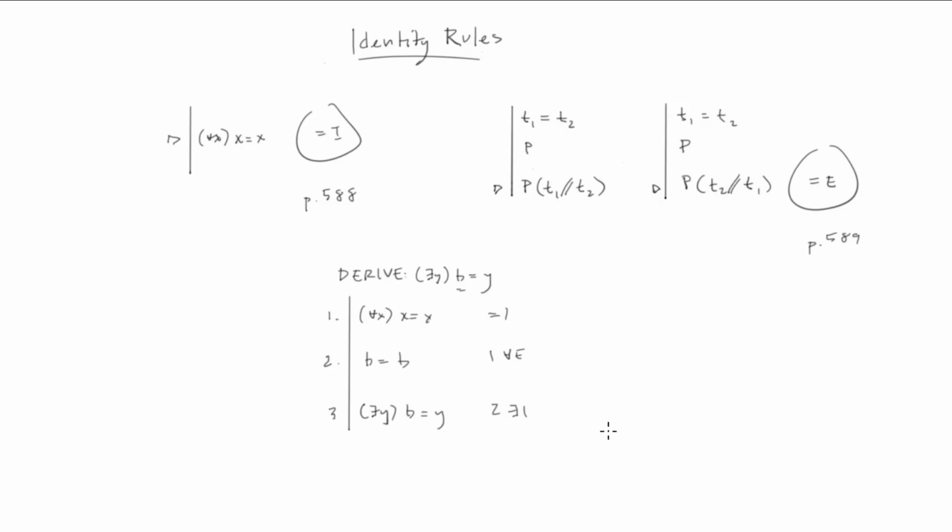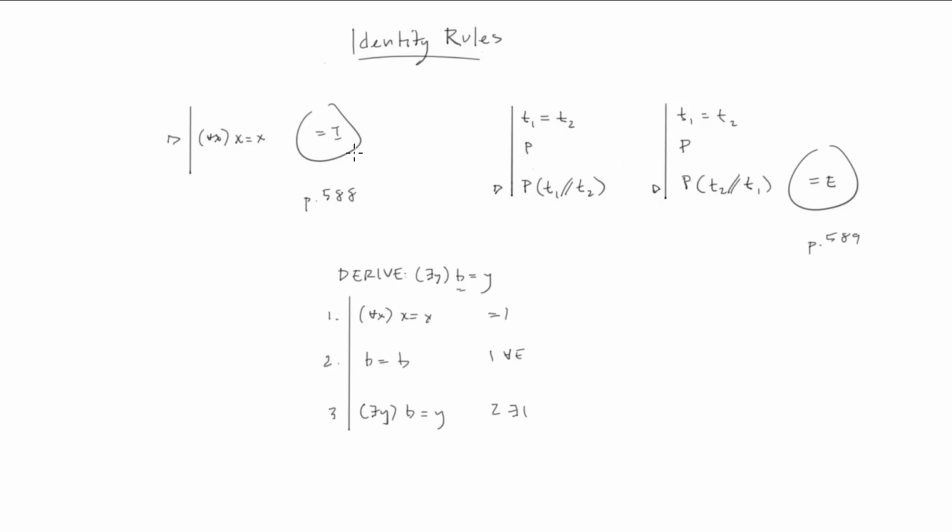What we see here is that this derivation, this proof of this theorem, has no primary assumptions, obviously, but it also didn't have any subderivations. Up until this point, if we wanted to prove a theorem, we had to begin on the first line with a subderivation.